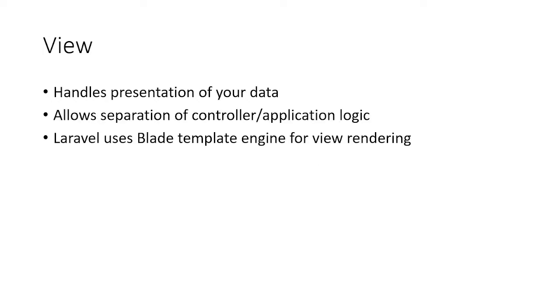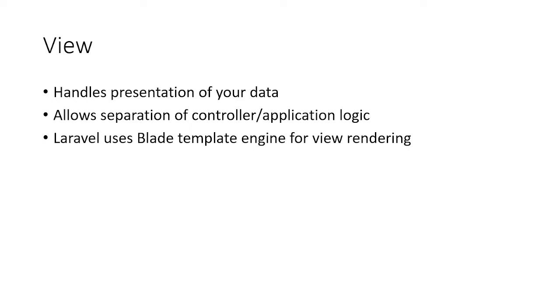Okay, next we have view. So view basically handles presentation of your data. If you are selecting a list of notes that you have created, what the controller will get from the model is a list of your notes. View basically takes in these notes and renders it into a web page.